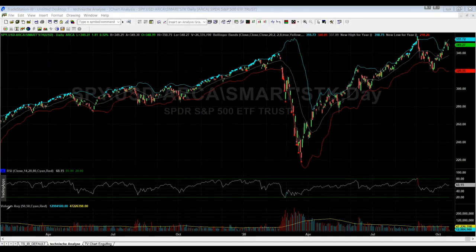I mean volume, it's not a real indicator, but it's also mentioned here as technical analysis, and it will always give you important information if it's a downtrend, like here, what we had in the middle of March in the S&P 500 ETF, goes with a high volume, or if there's not a big volume coming in an up or downtrend. So this is always important information.